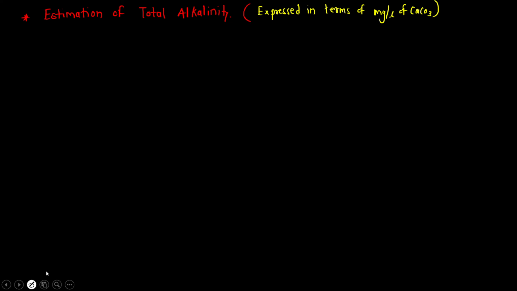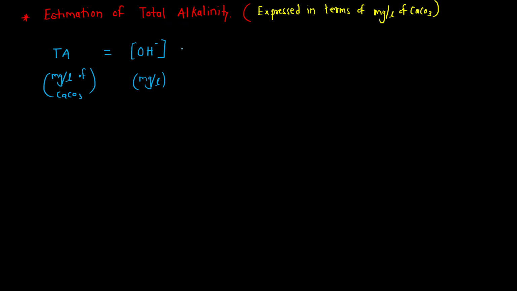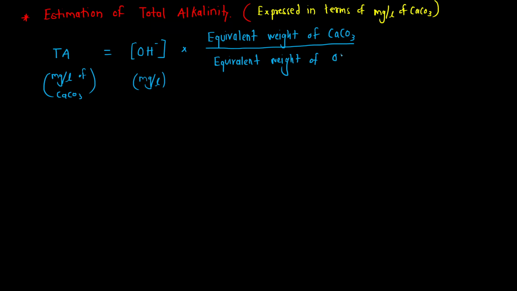So first we'll write down the main formula here. The total alkalinity expressed in mg per liter of CaCO3 is equal to concentration of OH minus ions, and this has to be in mg per liter, into equivalent weight of calcium carbonate, divided by equivalent weight of OH minus.